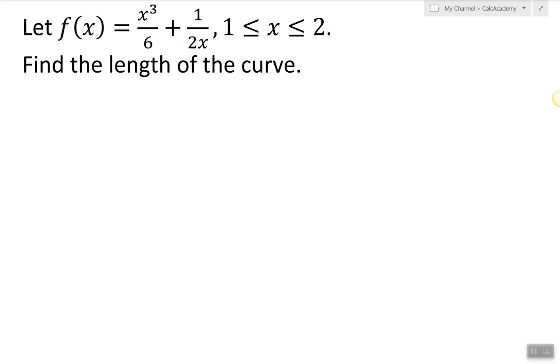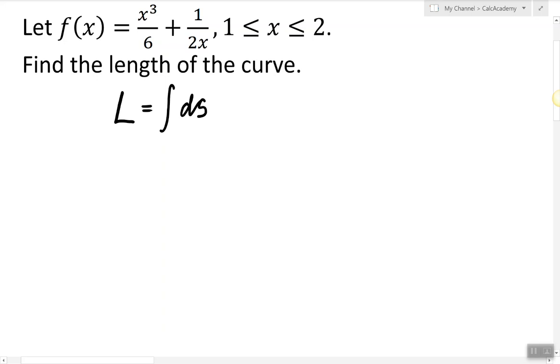In this video, we'll show how to find the length of the curve for a given function on a given interval. And I'm going to use the formula for the arc length that can be written like this.